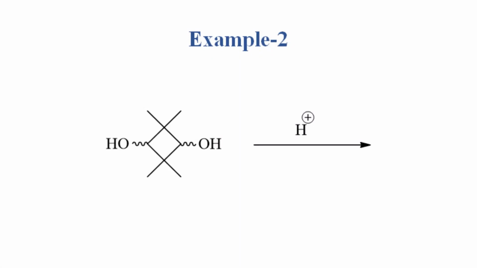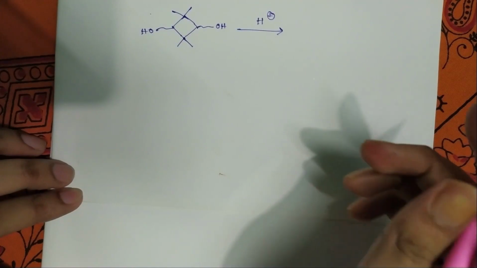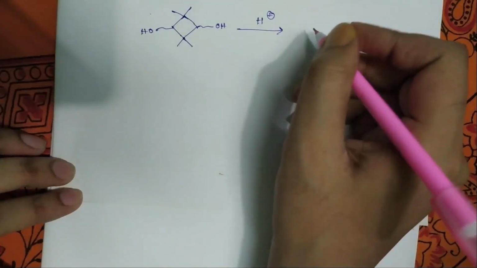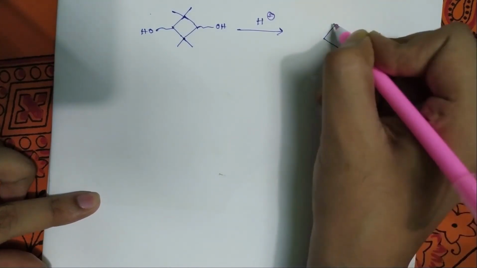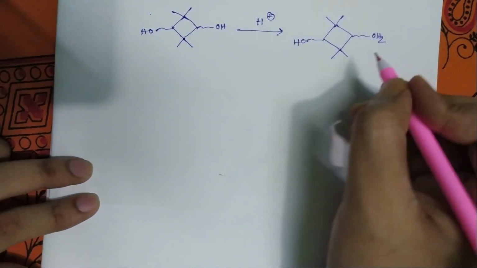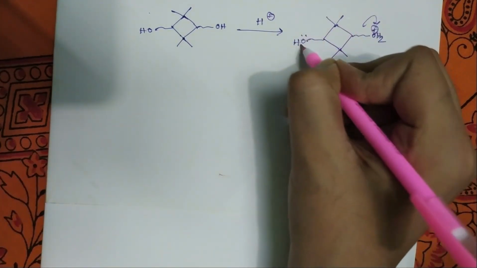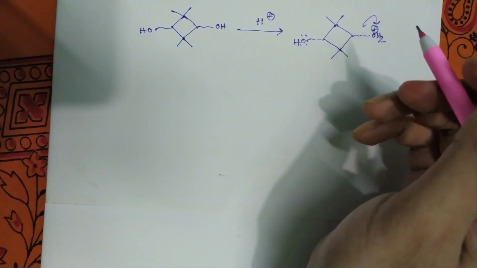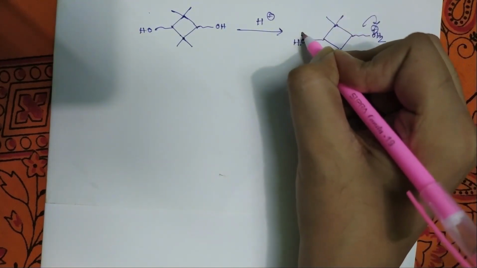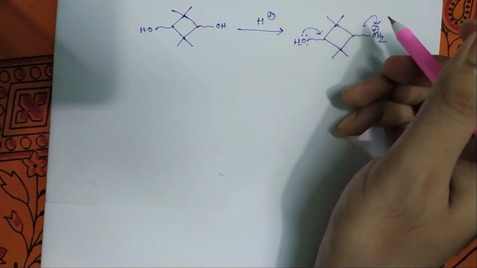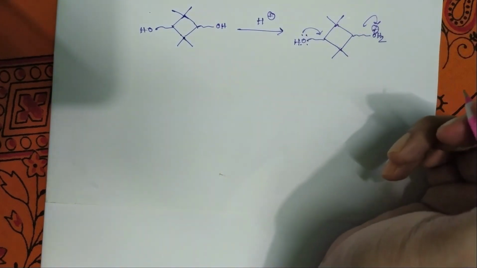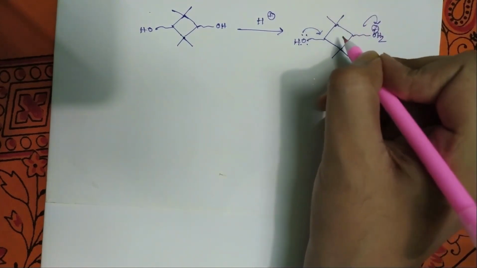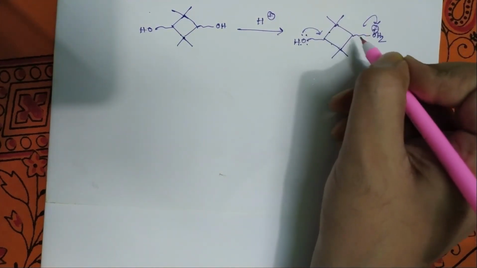So our next example is a diol. At first one of the alcohol groups is protonated, converted into a leaving group. There is another alcohol group which acts as an electron donating group, so the lone pair of the oxygen pushes back to the carbon, and the bond attached to the carbon cleaves, leading to the formation of a C double bond C, and the other attached water molecule leaves.